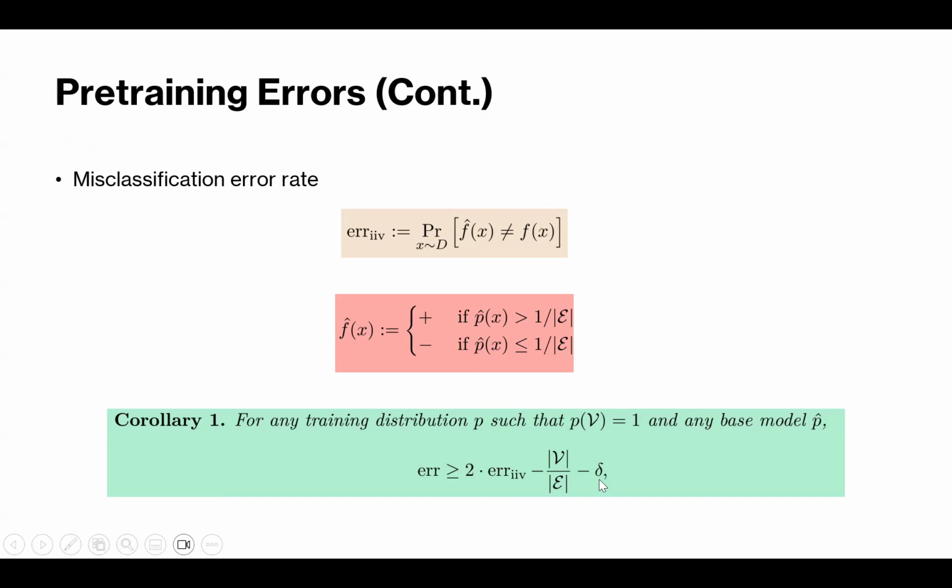The delta is a parameter which takes care of some kind of overlap between the V and E sets, because as I said we assume them to be non-overlapping, disjoint sets. And this parameter, cardinality of V by cardinality of E, is a factor which takes care of it if it's not a 50-50 mixture and one of them is a dominant set.